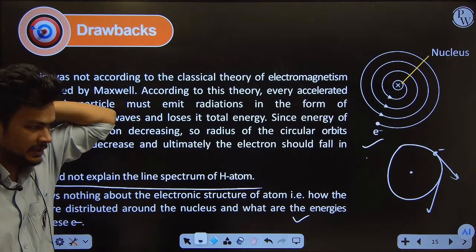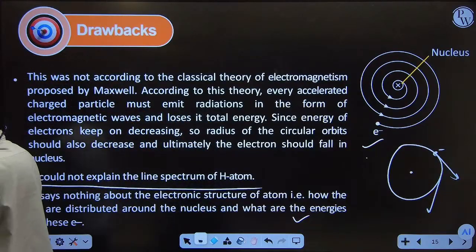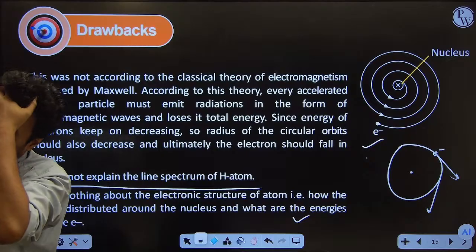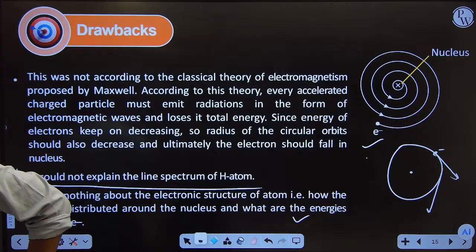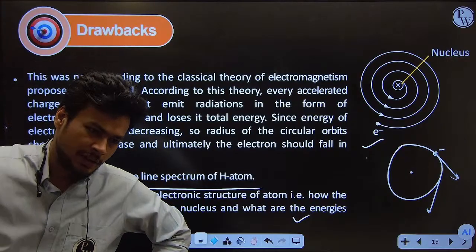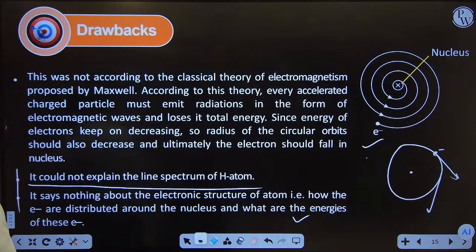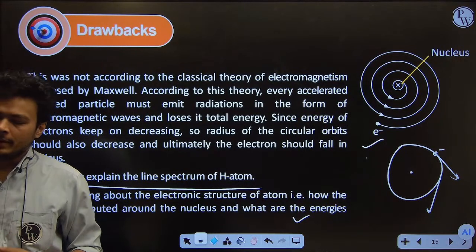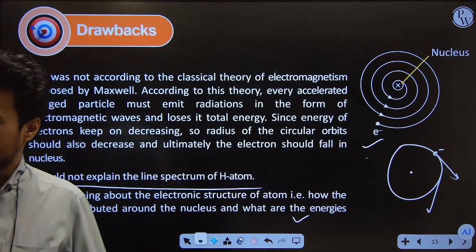Just to summarize, this was Rutherford's gold foil experiment which led to which model? The nuclear model of atom, which says there is a nucleus at the center and there are electrons around it, right? And the electrons and the nucleus are held together by electrostatic force. The rest of the atom is empty, and the nucleus is very, very small.